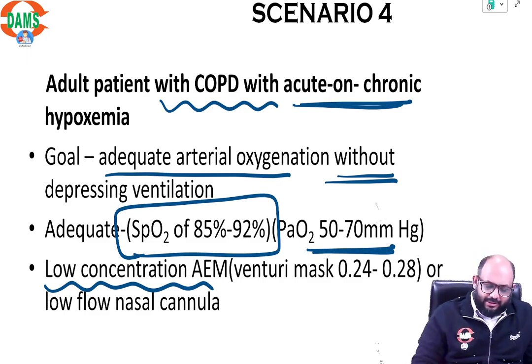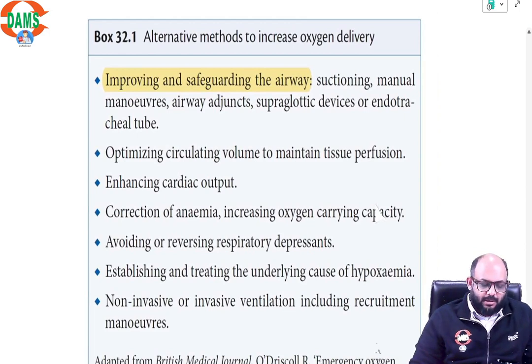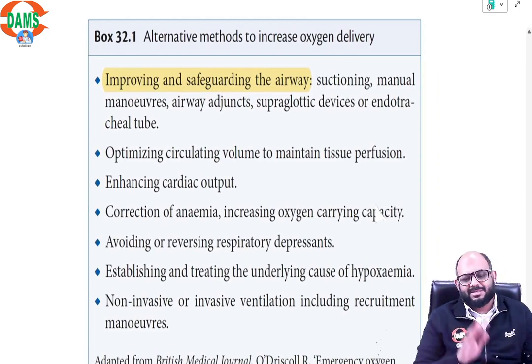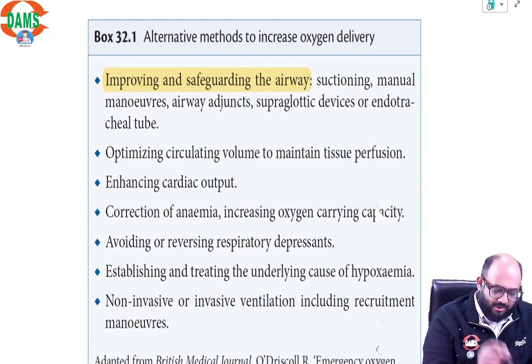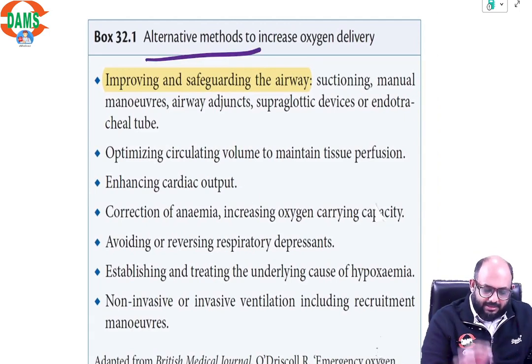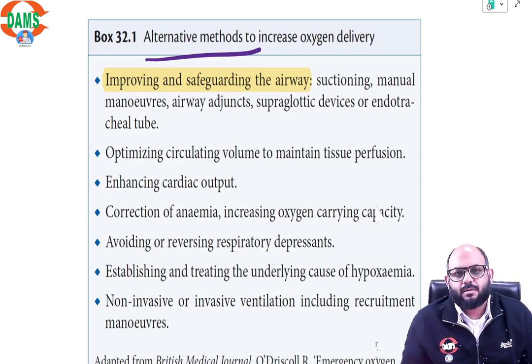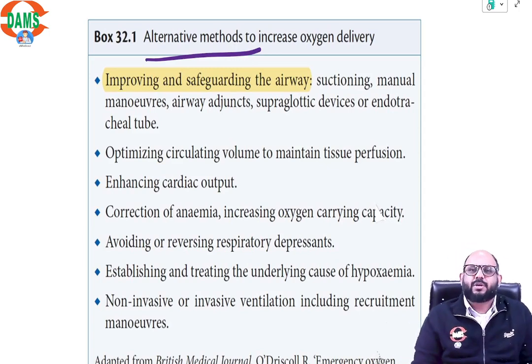Now, there are a few tables that I've taken from Oxford Critical Care. I told you oxygen therapy doesn't mean increased oxygen delivery. These are alternative methods to increase oxygen delivery, because it is not always pertinent to keep giving oxygen.